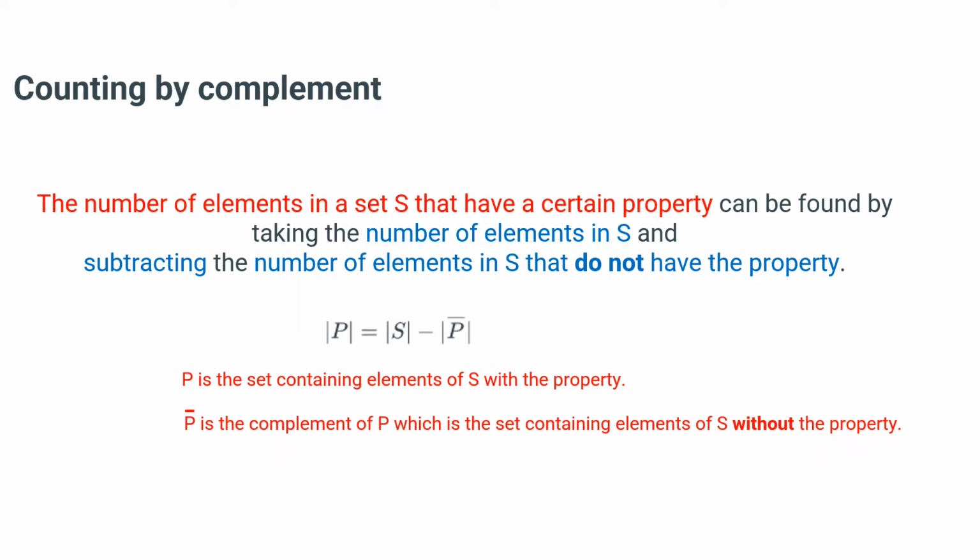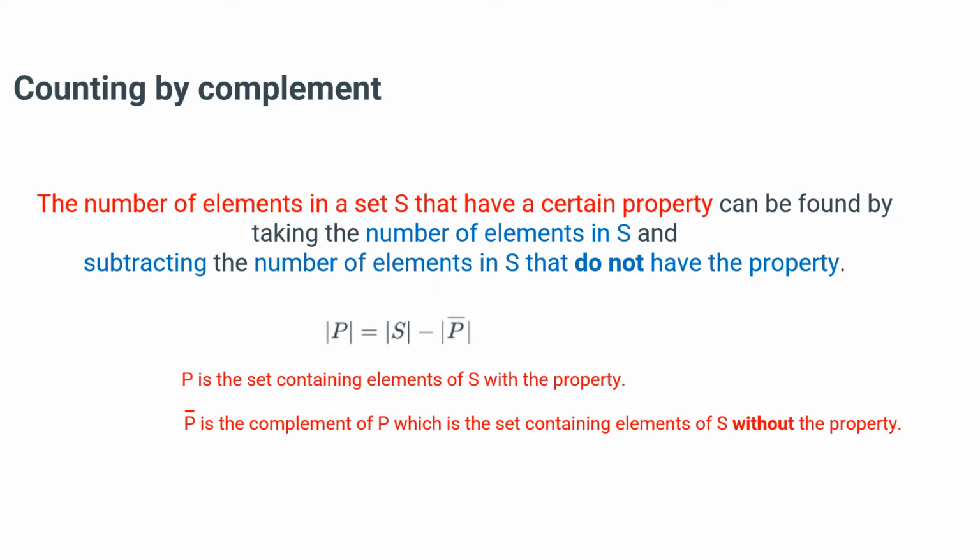So capital P with lines on each side means the number of elements with that property in S is equal to the number of elements in S, because we have S with those two lines, minus the number of elements in S that do not have the property.